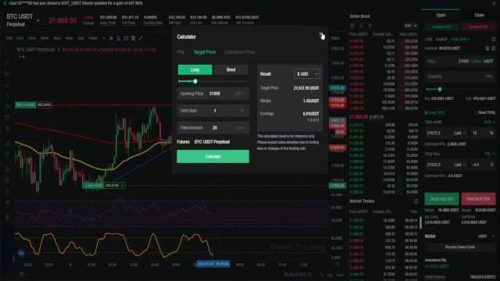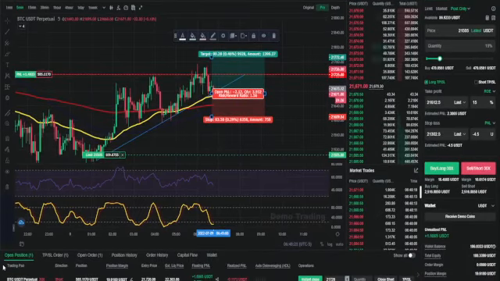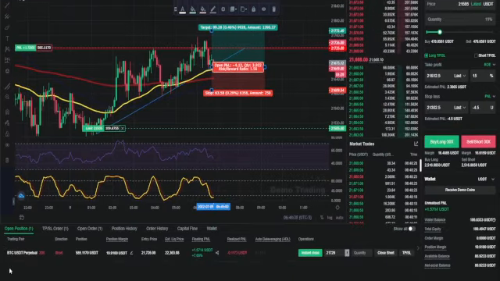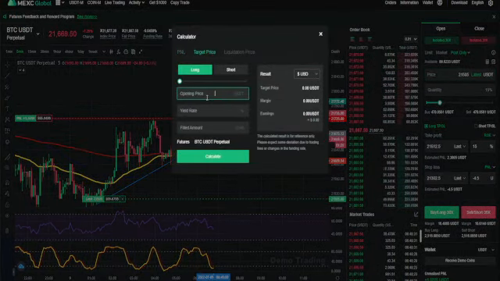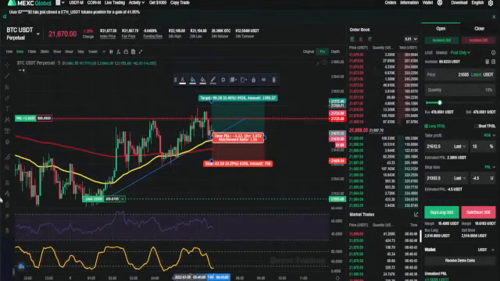Going back here, my position is 585.117. Calculator, target price 21,505, and looking for 1%. I forgot the price that quickly.